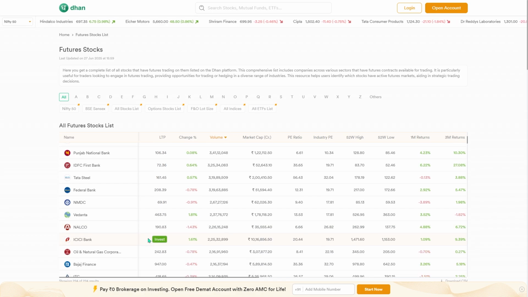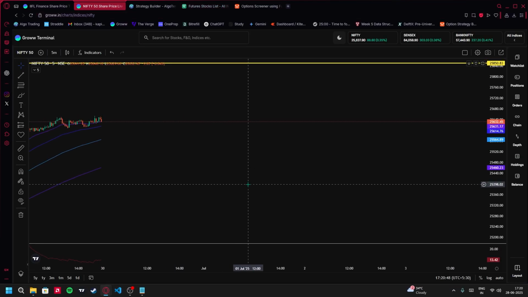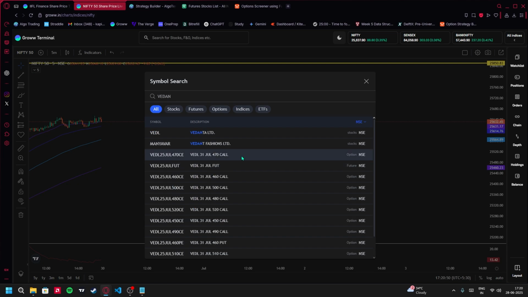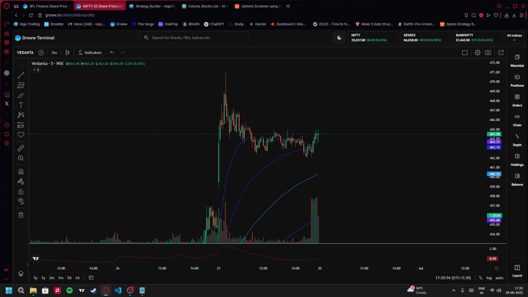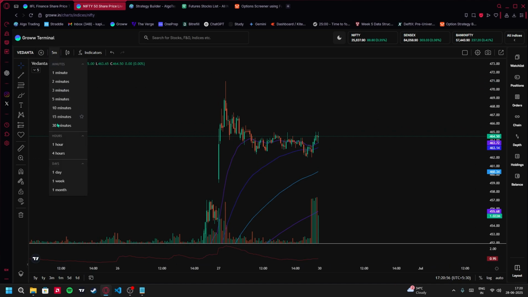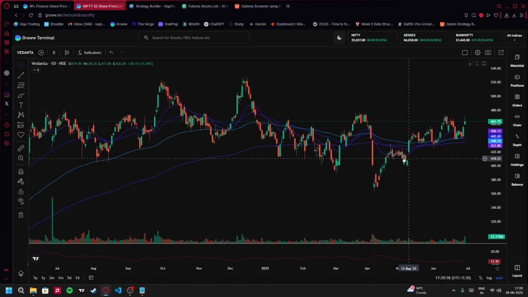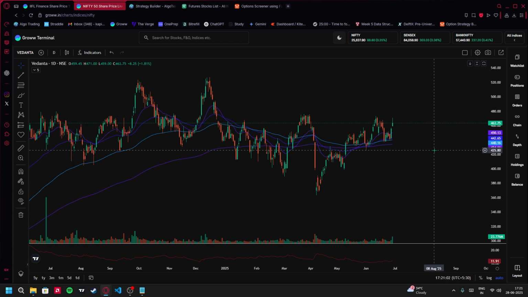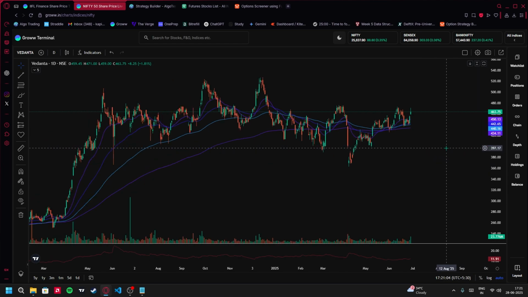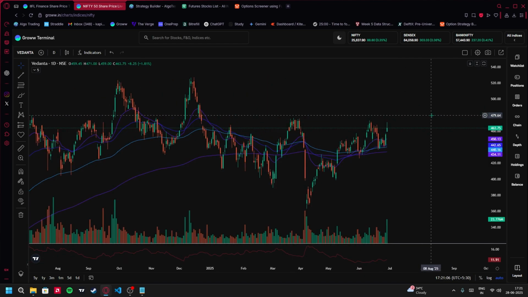Vedanta is good, currently 463. Let's go and check Vedanta out. Vedanta is currently trading at 464, and let's go to the daily time frame. This is a good stock, I think. At first glance, I can say this is a good stock for non-directional option selling.